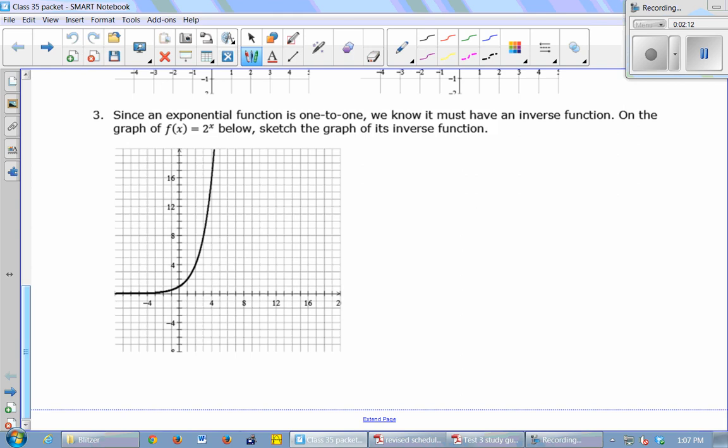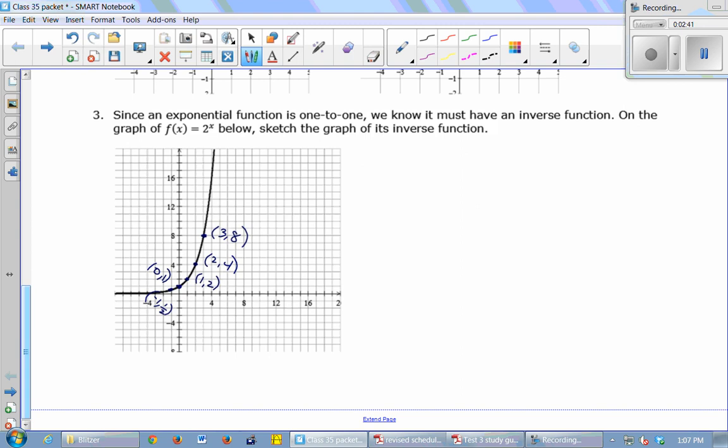To get an inverse function, you just swap x and y coordinates. So I'm going to pick a few key points on here, like (0, 1), (1, 2), (2, 4), and (3, 8). And maybe over here, I'll do (-1, 1/2).